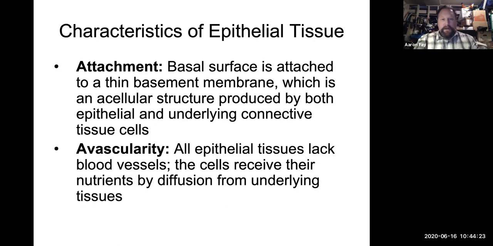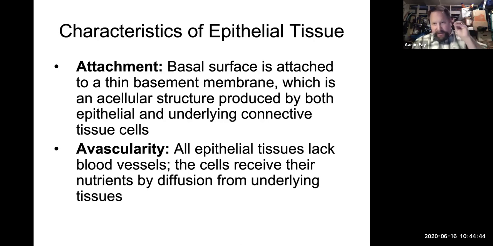Okay, other characteristics. Attachment: the bottom of the epithelium, the basal surface, will be attached to a thin basement membrane. Remember I said that there's relatively little extracellular matrix? Well, here in epithelial tissue, that basement membrane, that's it. That's all your extracellular matrix. And by the way, I'll have a picture of this that I'll go over in a second.